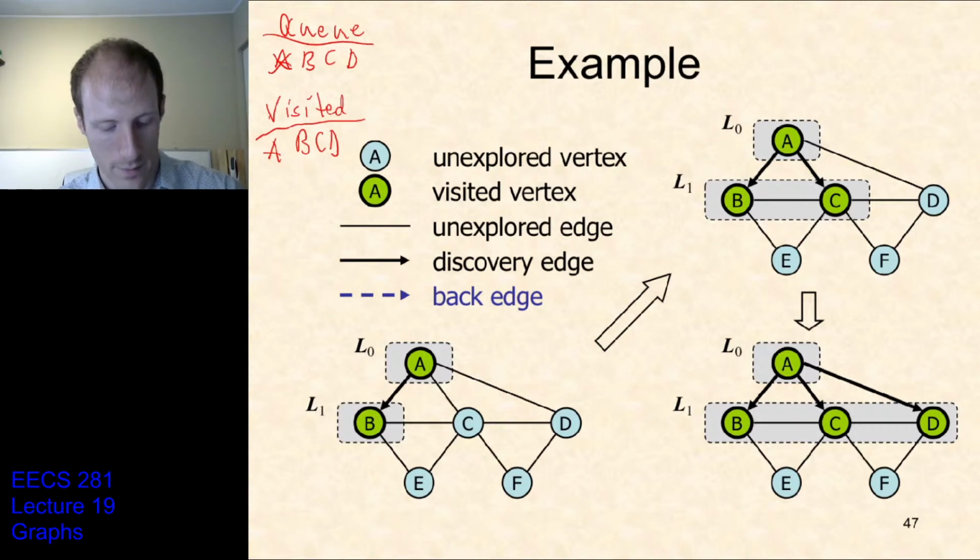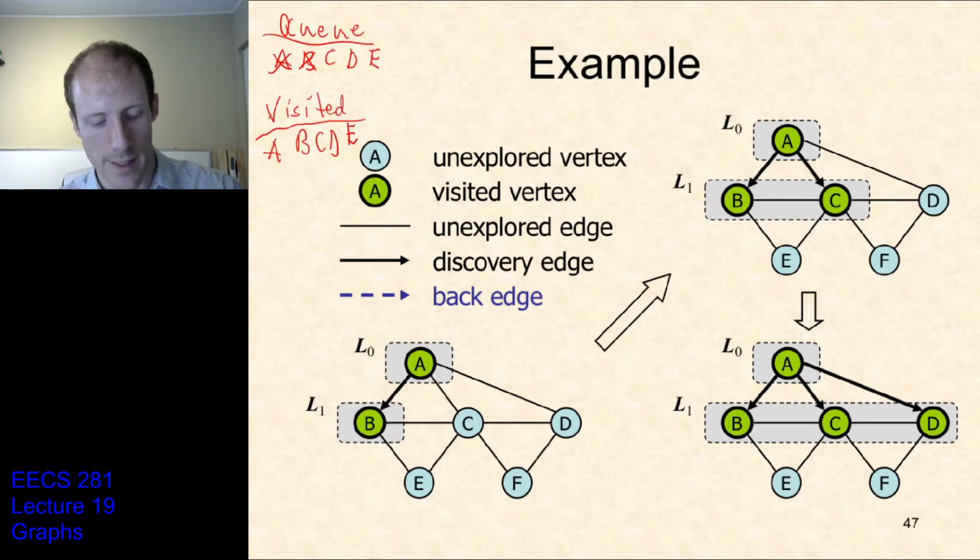Then we're going to pop off the queue, and we're going to get B. We're going to add all of its neighbors that have not yet been visited. So A and C have already been marked as visited. E has not. So E gets added into the queue and marked as visited.